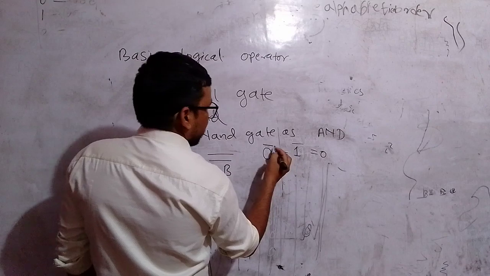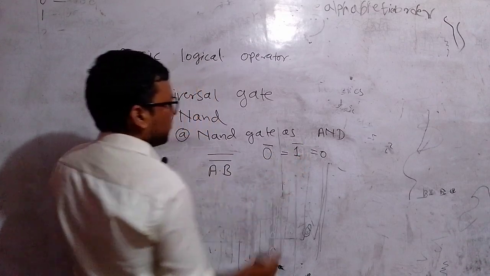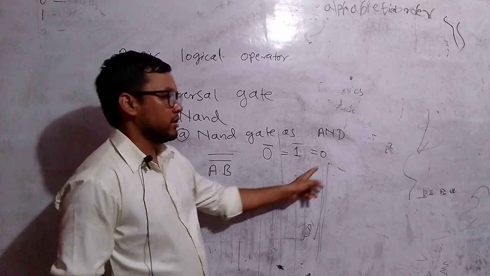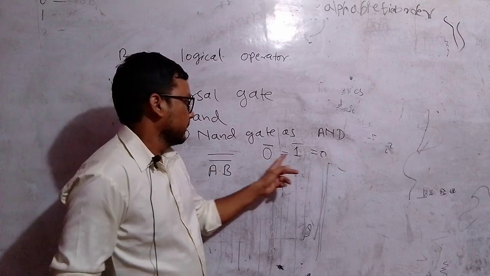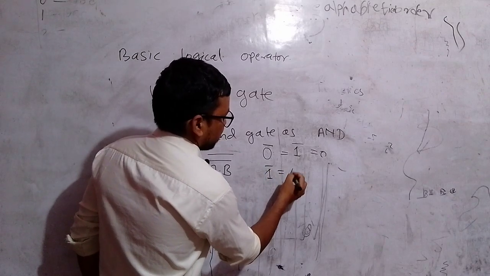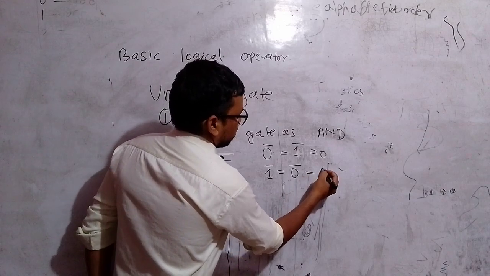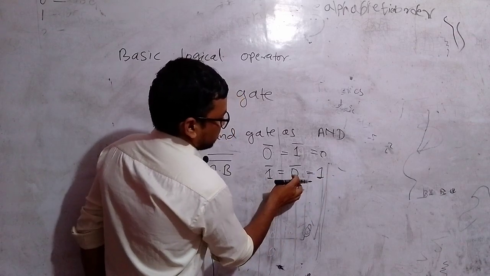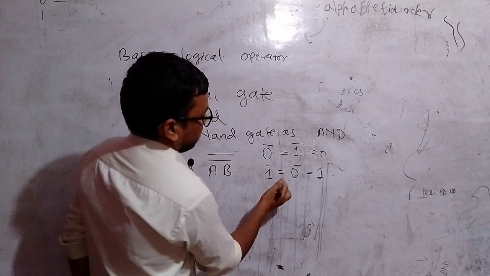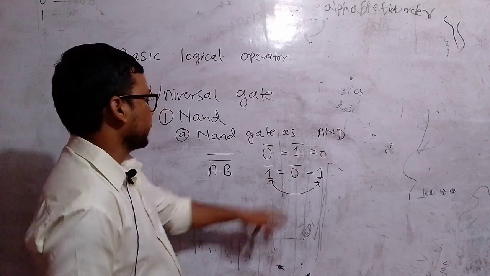That means if we apply a double complement on an input, it will produce the same input. For 1 also, one complement produces 0, and another complement produces 1. So the input is the same as the output for a double complement.